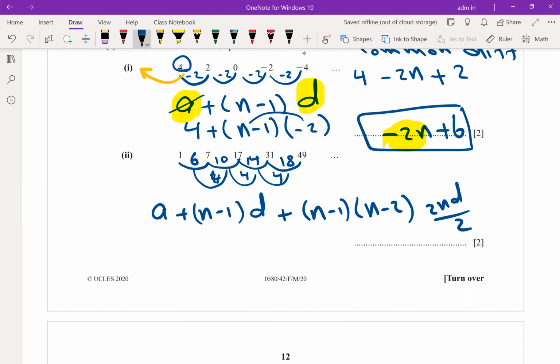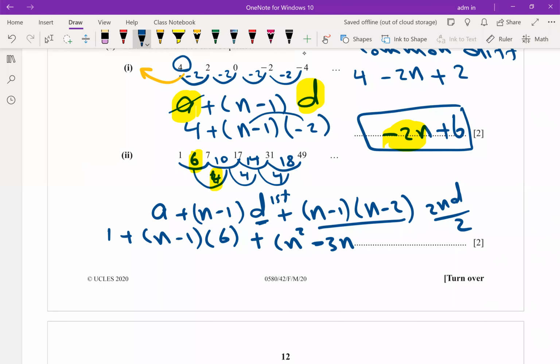Then a is the first term, which is 1, plus n minus 1. d means first difference. The second difference is 4, so the first difference is 6. Plus, if you expand and simplify this part, it will be n squared minus 3n plus 2, multiplied by the second difference, which is 4. 4 divided by 2 is 2.